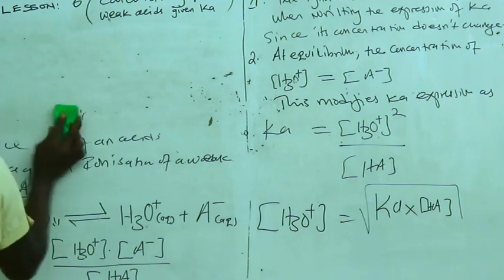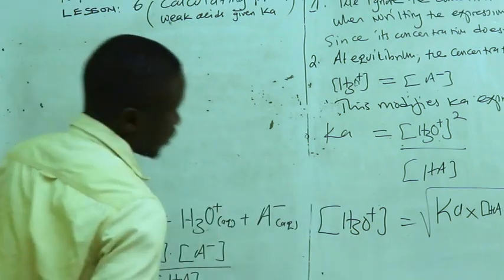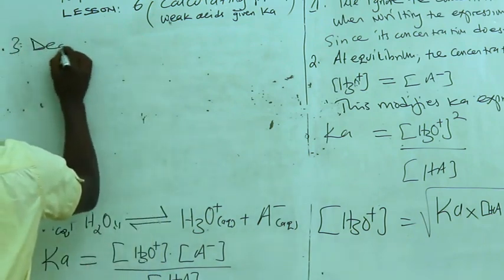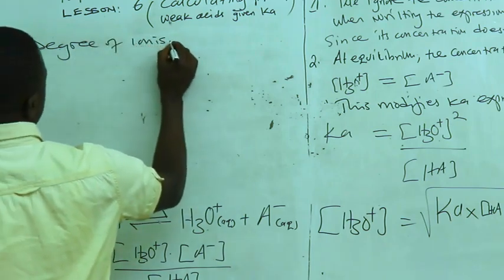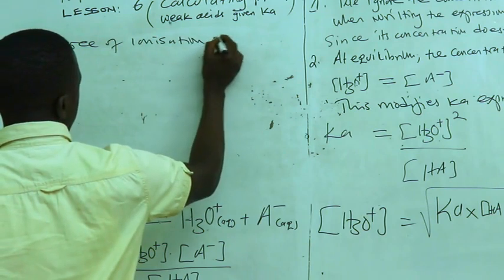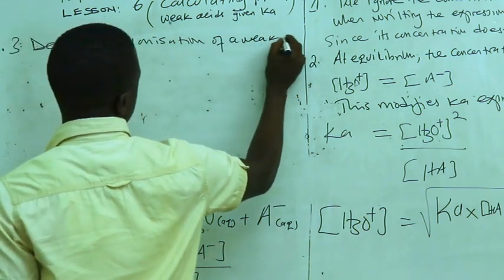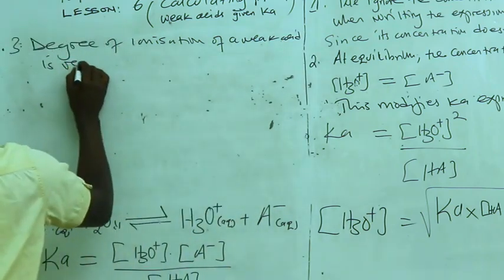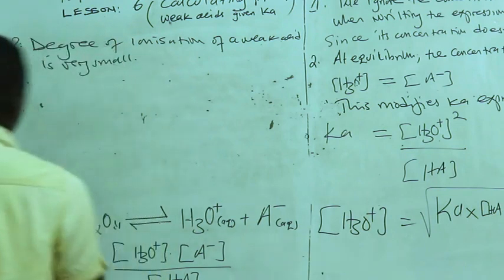Assumption number 3 that we take, and we shall see how important this is later, is that the degree of ionization of a weak acid is very small. We shall be seeing how we shall use it.